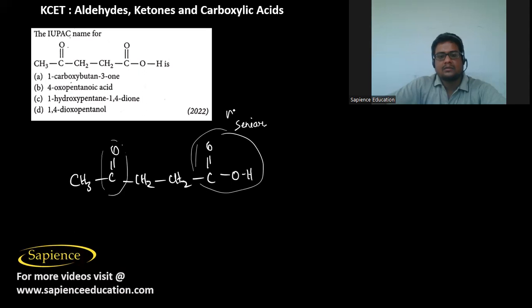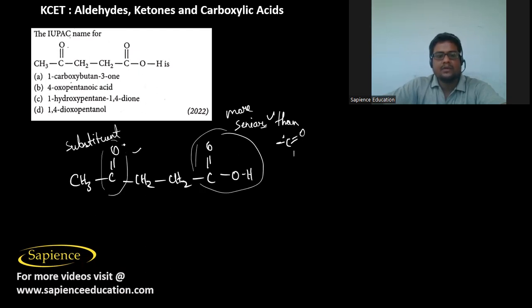So the carboxylic acid is more senior than ketone. So the ketone will act as the substituent. It means we have to write it in the prefix, and for the carboxylic acid we should write it in the suffix.